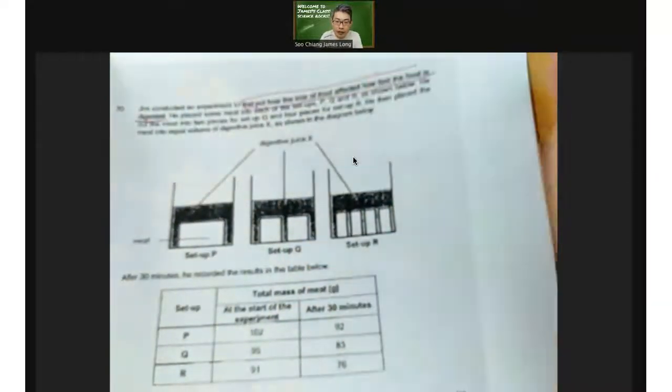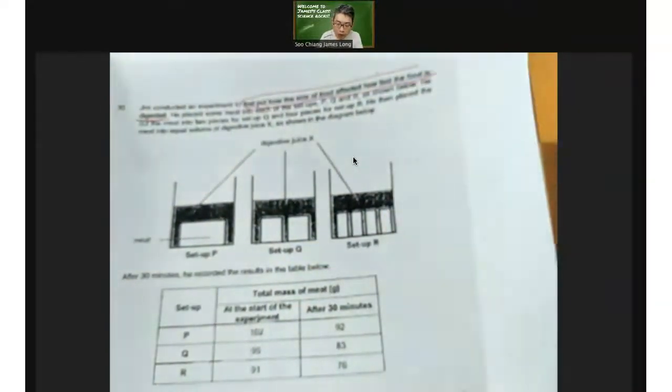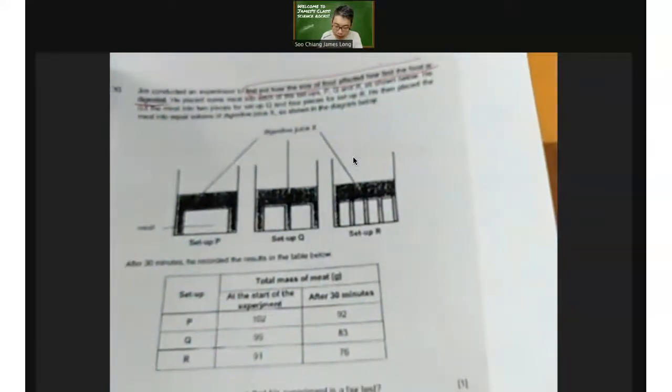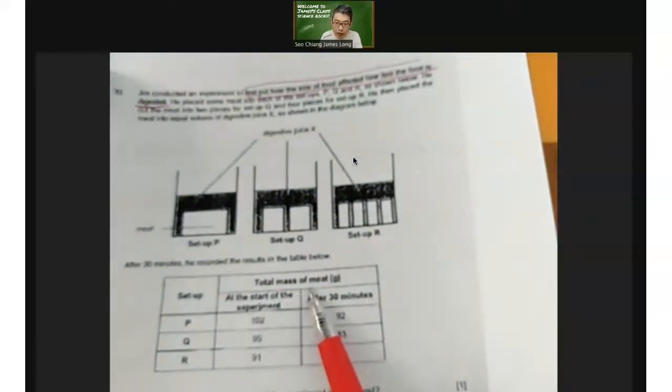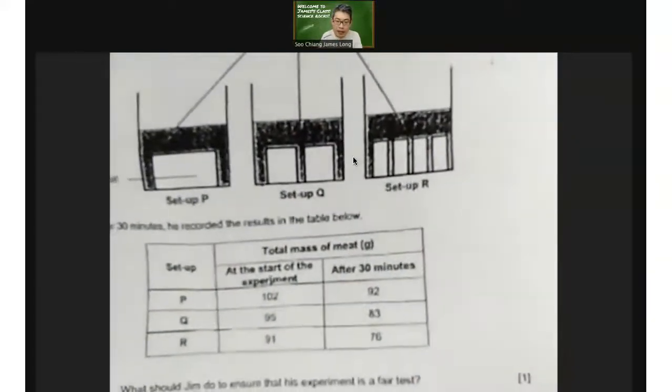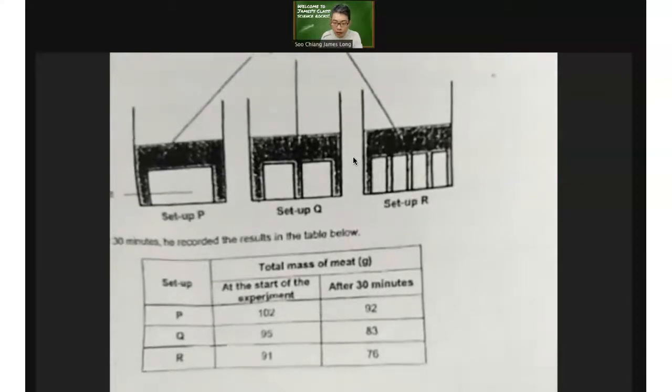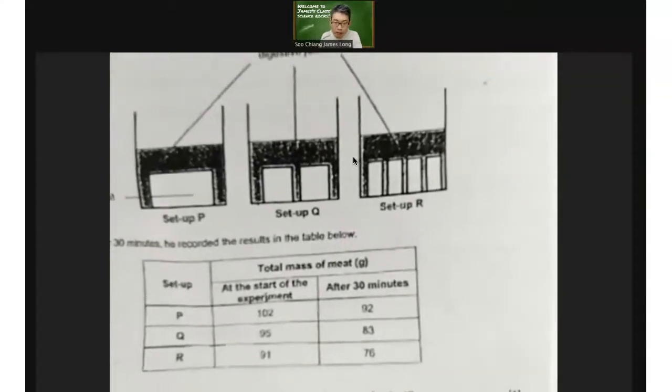Size of the food should be different. So here what do we have that's different? Well, we have the mass being different. So we can say that the size is therefore different because the mass is different. It's the same kind of meat.